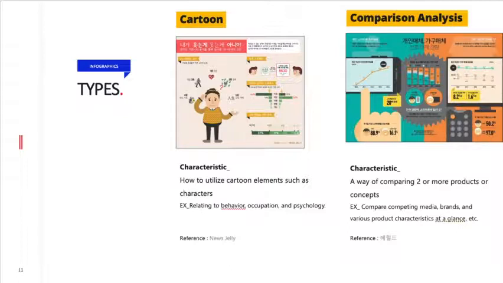Cartoon types are used to design infographics related to behavior, occupation, and psychology by utilizing cartoon elements such as characters. Comparative analysis is often used to compare at a glance the characteristics of media, brands, and various products, in a way that compares two or more products or concepts.